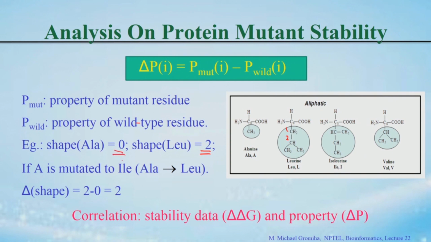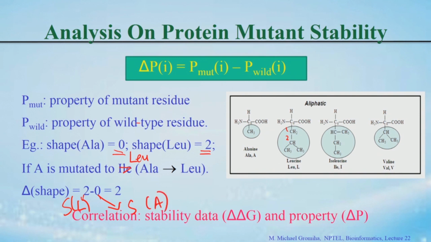If A is mutated to leucine, then delta shape equal to shape of leucine, equal to 2, minus shape of alanine, that is equal to 0, this equal to 2. Okay, this is the shape of leucine, this is the shape of alanine. So, subtracting, we get the value 2.